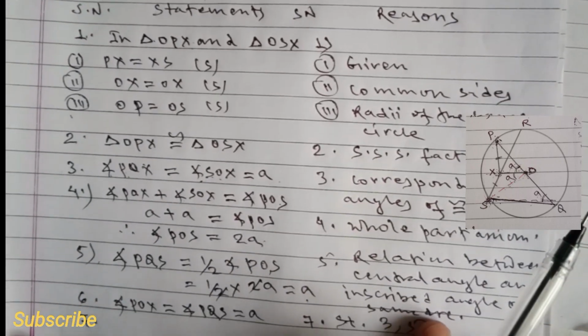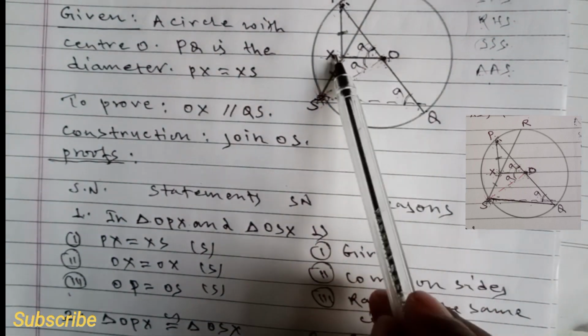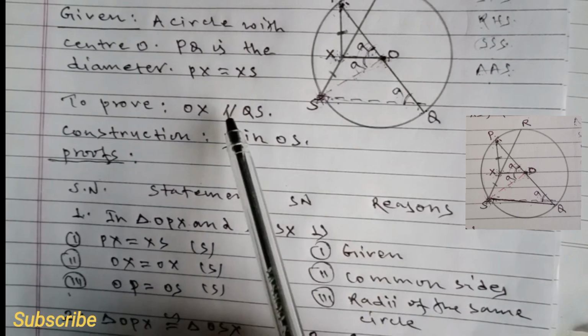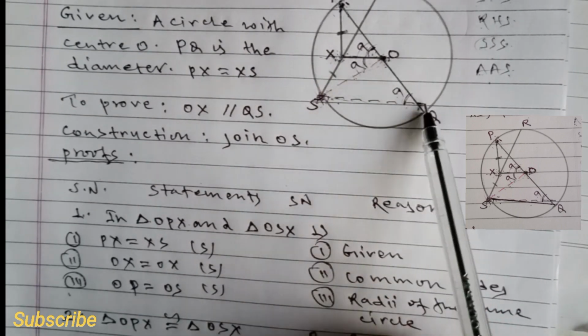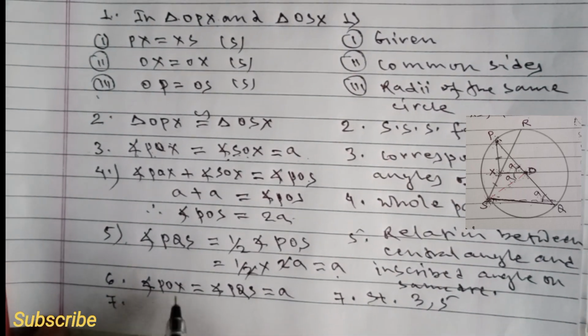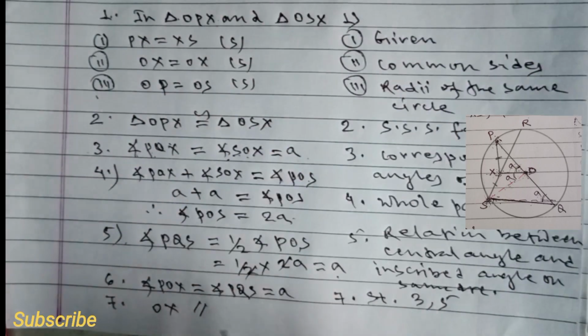So let's write down PX parallel to QS. Let's write down OX parallel to QS. Now we can easily write OX parallel to QS.